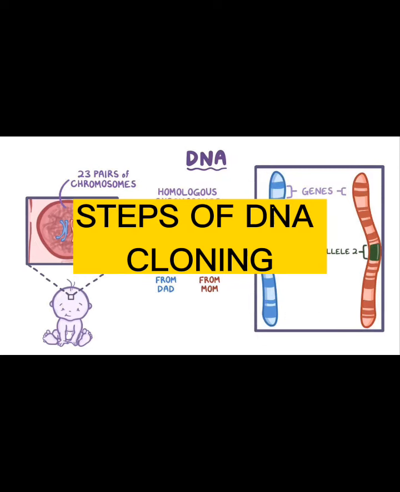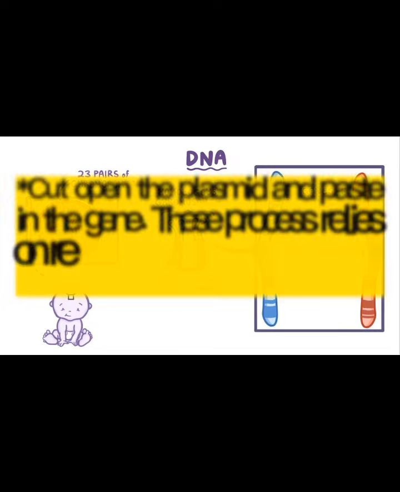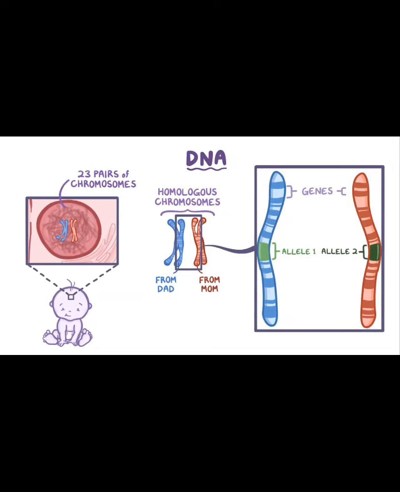Steps of DNA cloning. DNA cloning is used for many purposes, and the basic steps are: first, cut open the plasmid and paste in the gene. This process relies on restriction enzymes, which cut DNA, and DNA ligase, which joins DNA.